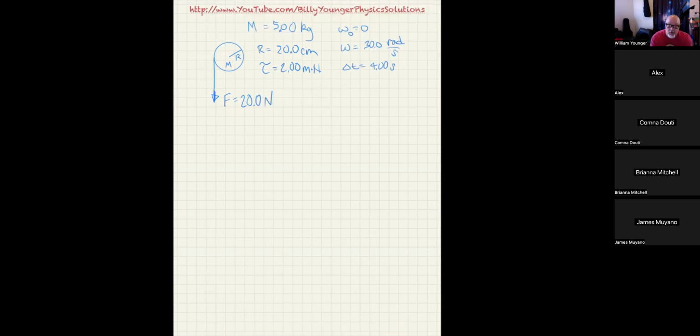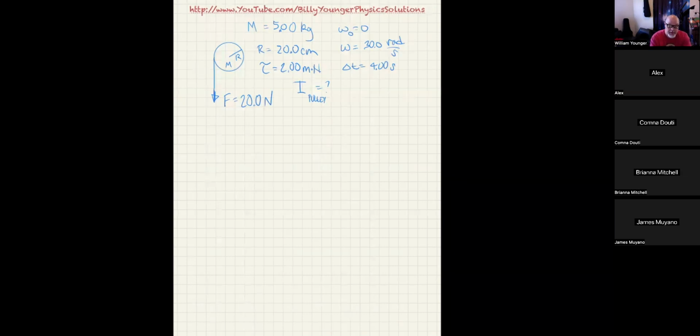And what I want to do is find out what is the moment of inertia of the pulley. Okay. Everybody sort of understand what the problem is? All right. So I'm going to go ahead and I can use this diagram as an actual free body diagram.